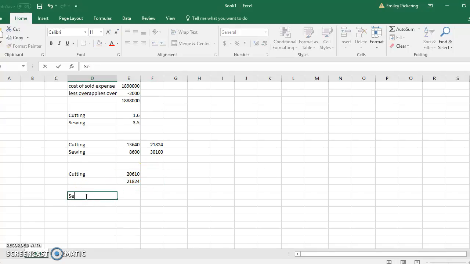For sewing, we had an actual of 35,750, and we applied 30,100. And there's our difference. So for cutting, we over-applied, and for sewing, we under-applied.